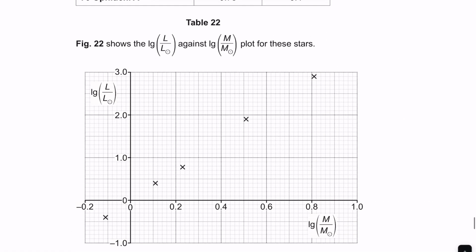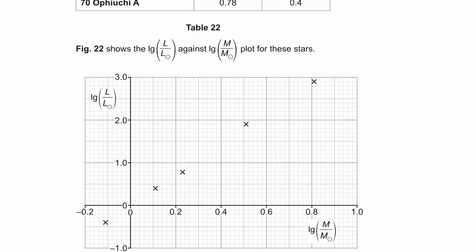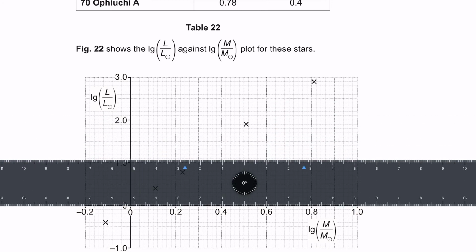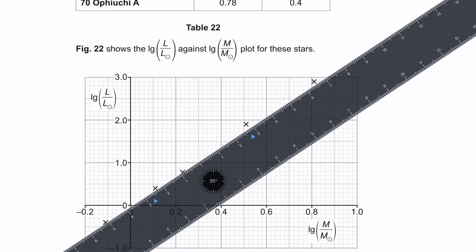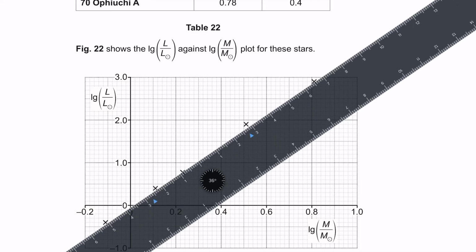So let's see if I can draw a straight line passing through most of the points. Okay. So let's put that like so. Bear with me, guys. So I'll do that. Okay. Oops, moved a little bit, but oh well.